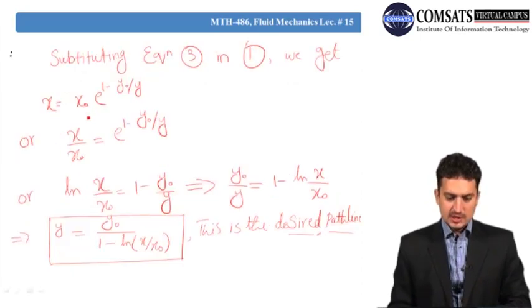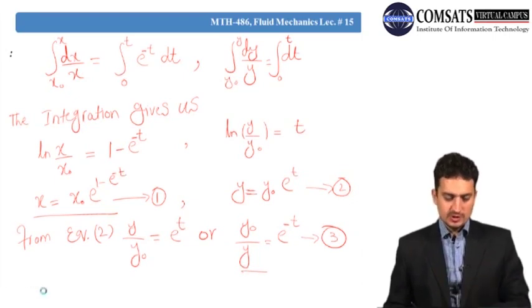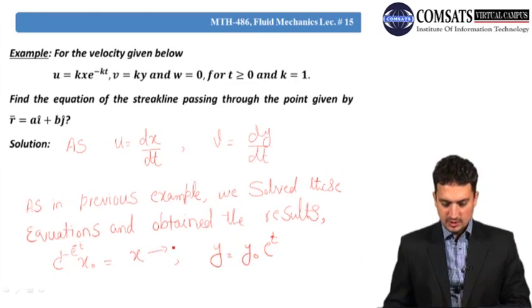Yes, that's perfectly okay. And y is equal to y naught e to the power t, not minus t. These are equation 1 and equation 2 of the previous example, which we simply picked up. We name them again equation 1 and equation 2 here.